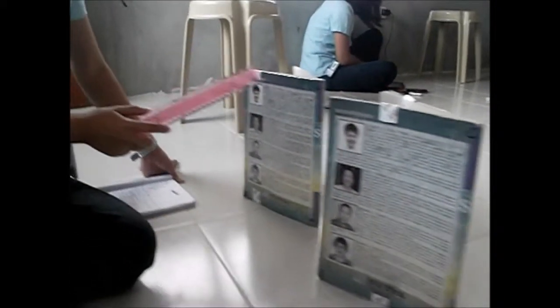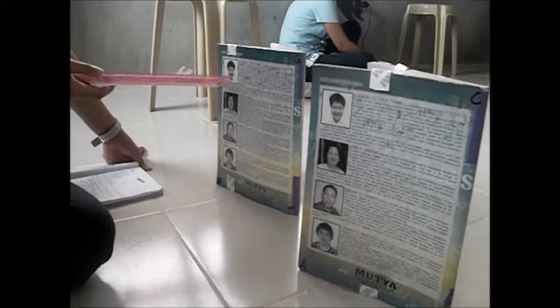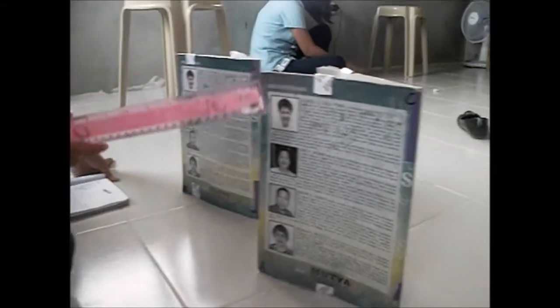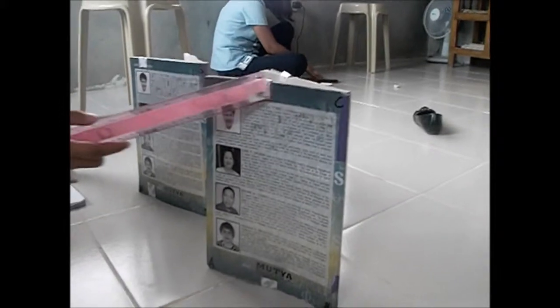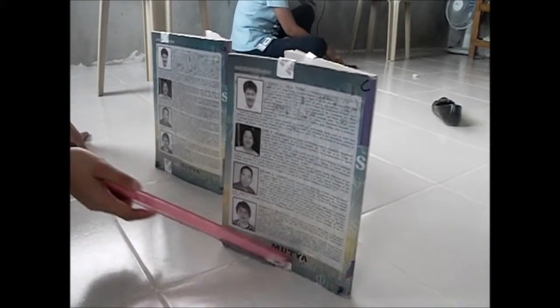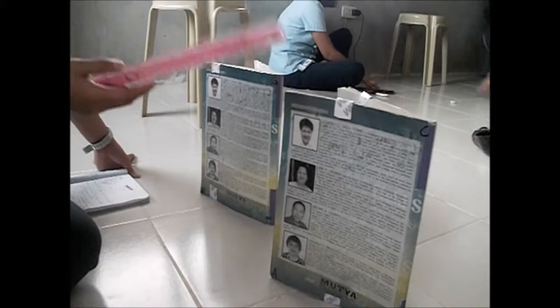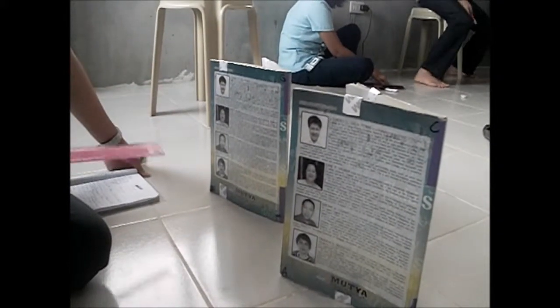This plane here coincides with the other plane, which is in the second dihedral angle. The reason of that is two intersecting lines determine a plane. This line here is perpendicular to this plane and this plane.